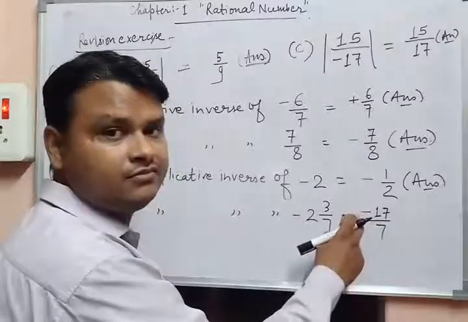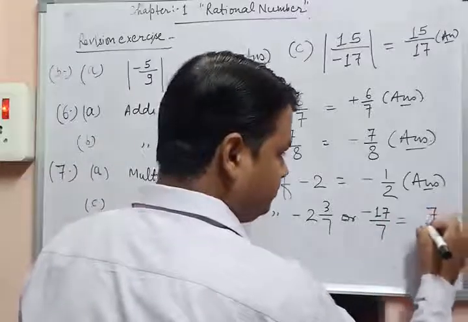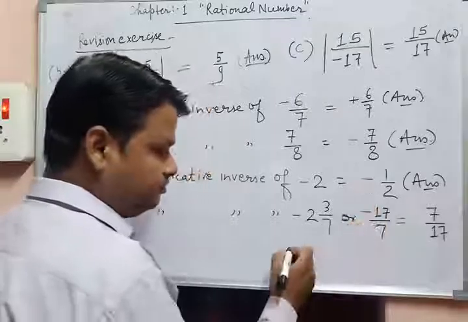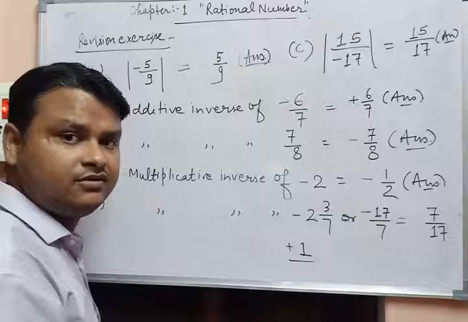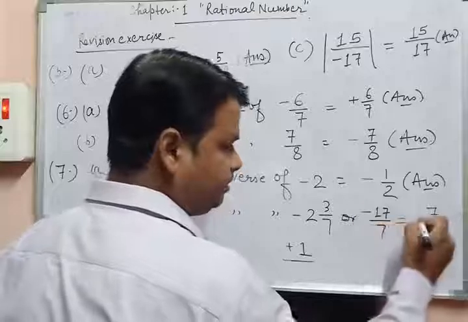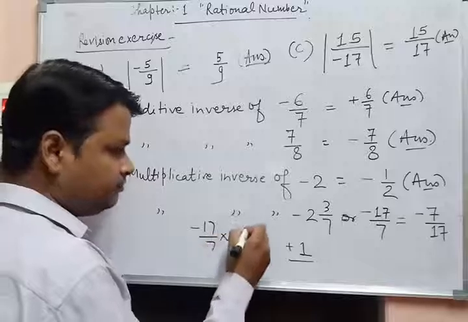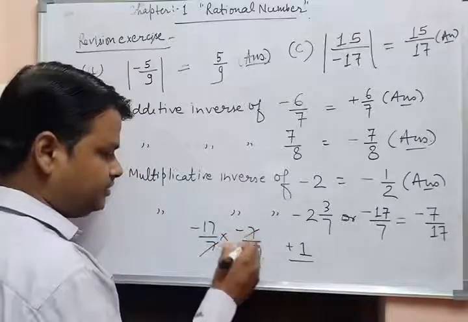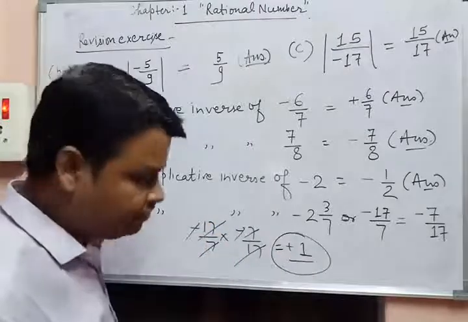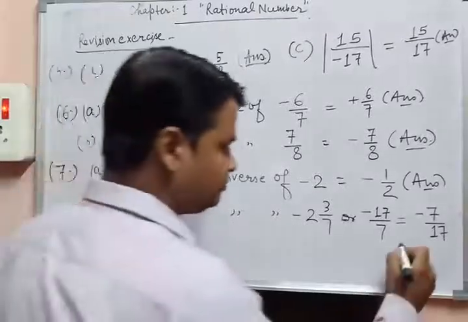First write its reciprocal, which is 7/17, and you have to get 1. So you have to multiply this rational number by -7/17, because if we multiply 17/7 into -7/17, then 7 cancels, 17 cancels, minus cancels, and we get 1. So this is the answer of this question.